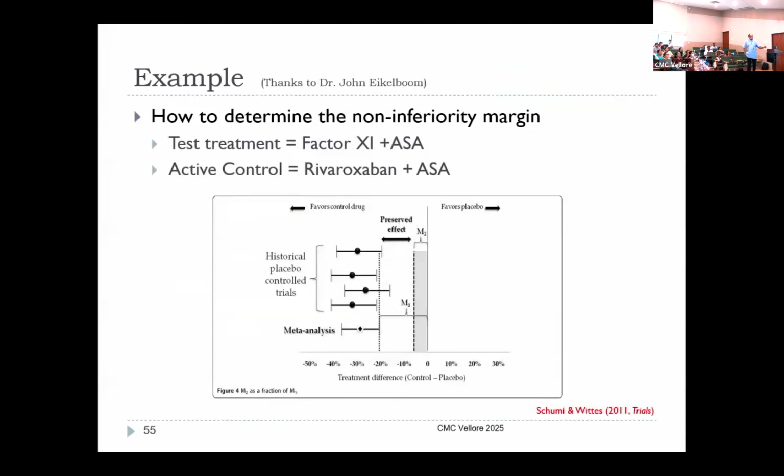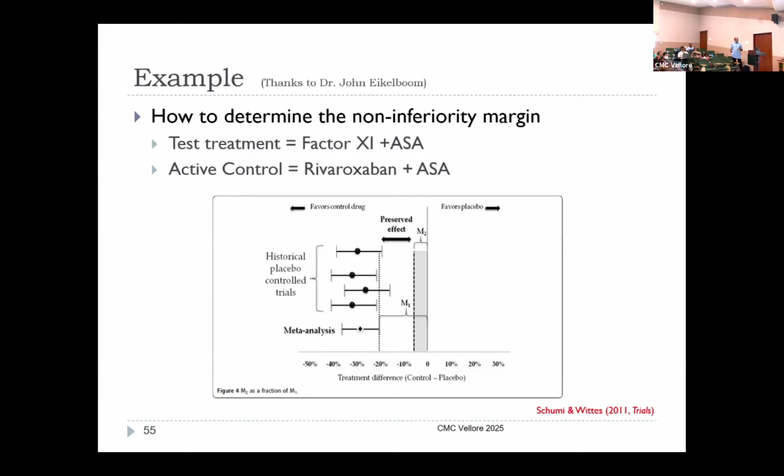We did this in a study that was just designed recently, looking at, in cardiology, the active control was an anticoagulant, rivaroxaban plus aspirin. And they were looking at this test treatment, which was Factor XI with aspirin.